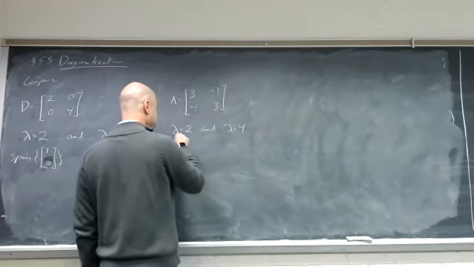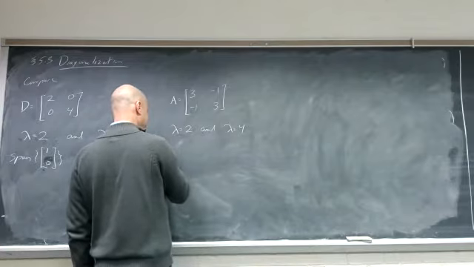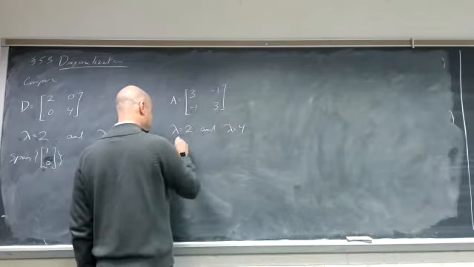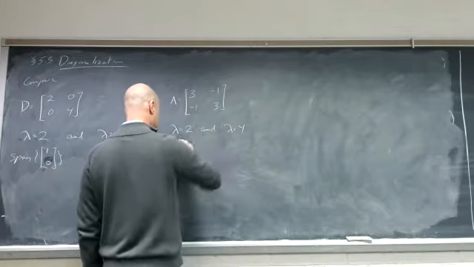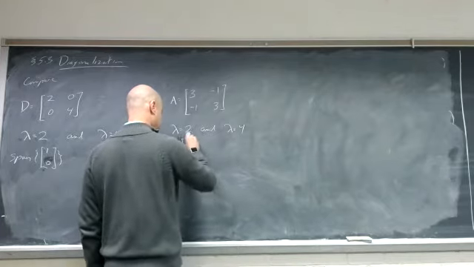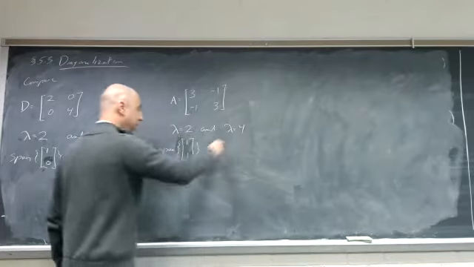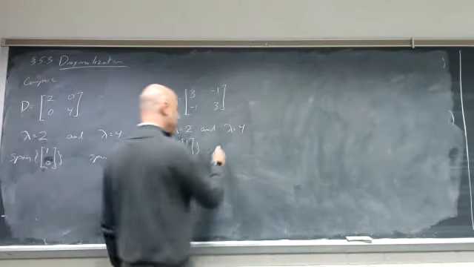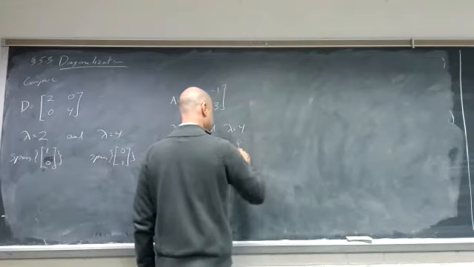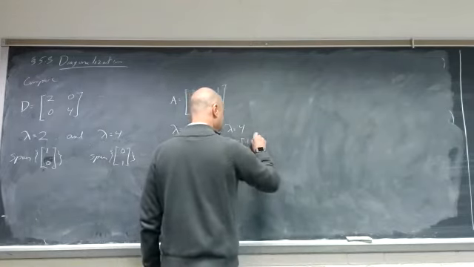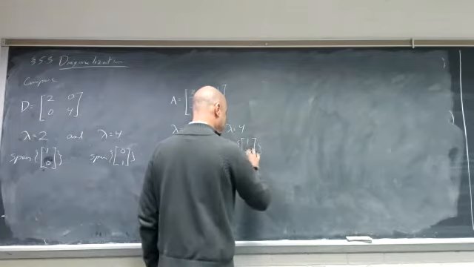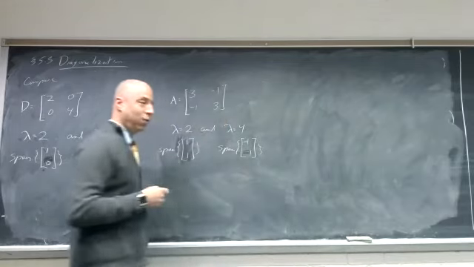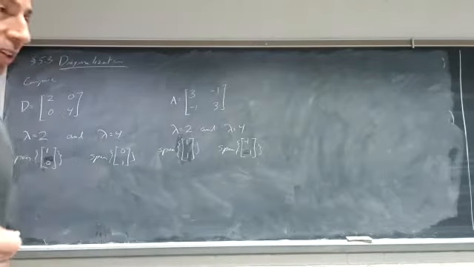The eigenspace for lambda equals 2 was the span of, I believe, 1, 1. And the eigenspace for lambda equals 4 is the span of the vector -1, 1. The span of 1, -1 is the same as the span of -1, 1. You'll have to check your notes for that, but I think that's how we wrote it.